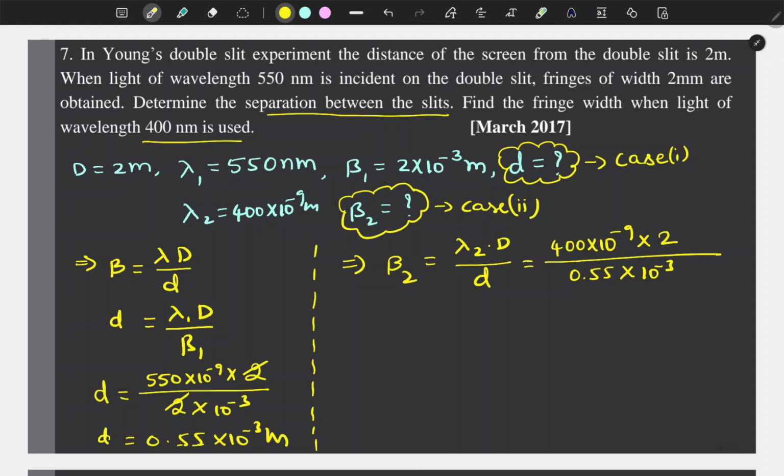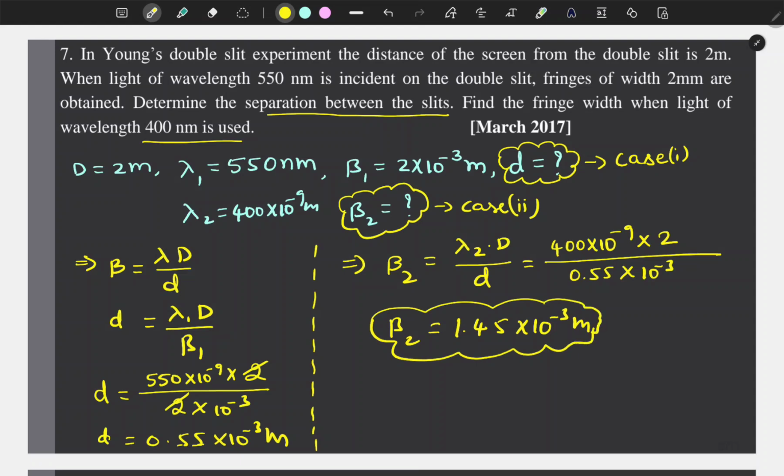Beta 2 is equal to 1.45 into 10 to the power minus 3 meter. You can use the calculator and solve this, or directly calculate and find the answer. You will get 1.45 millimeter.